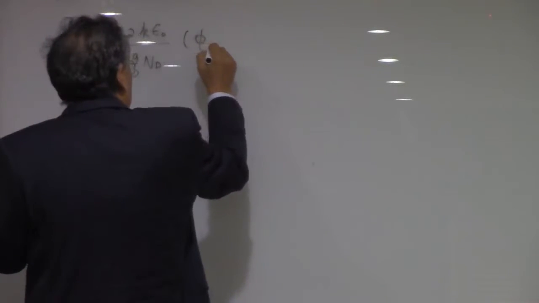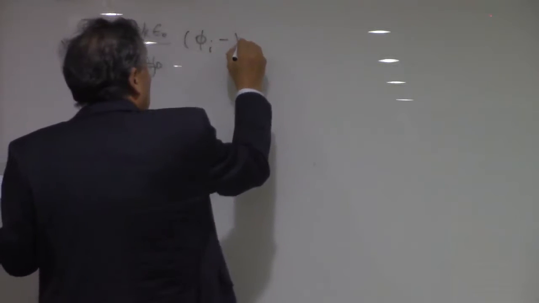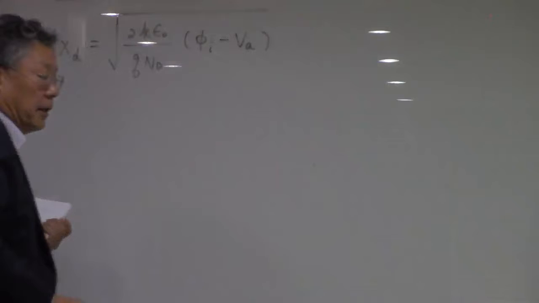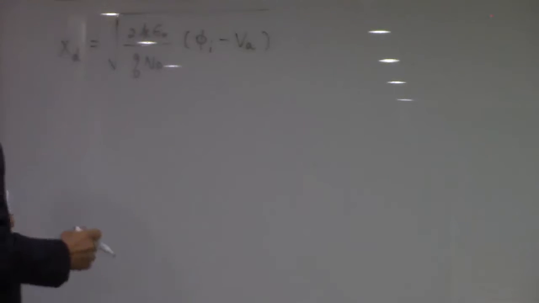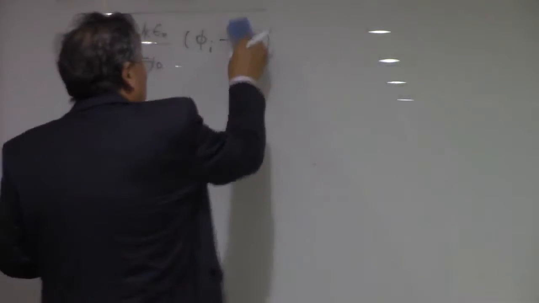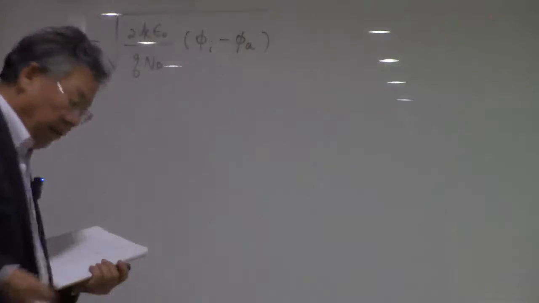And now if you apply voltages to it, this built-in potential is going to be modulated by the applied voltages, phi_A.